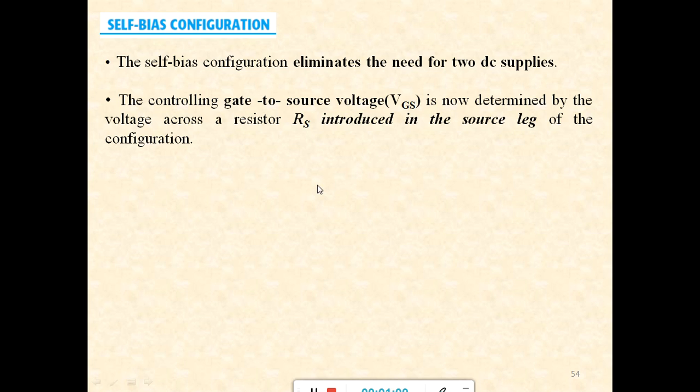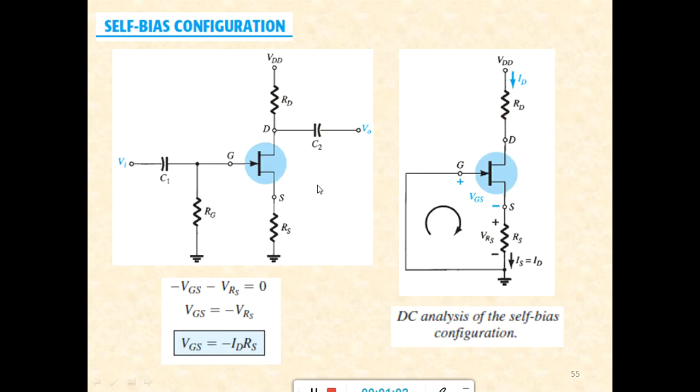All right. So that was about the self bias configuration. The only difference in the circuit is that when you compare a self bias with that of a fixed bias, you will observe that in a self bias we use only one power supply or one biasing voltage, which is at the VDD side, whereas for a fixed bias there was a need to use two separate supplies.